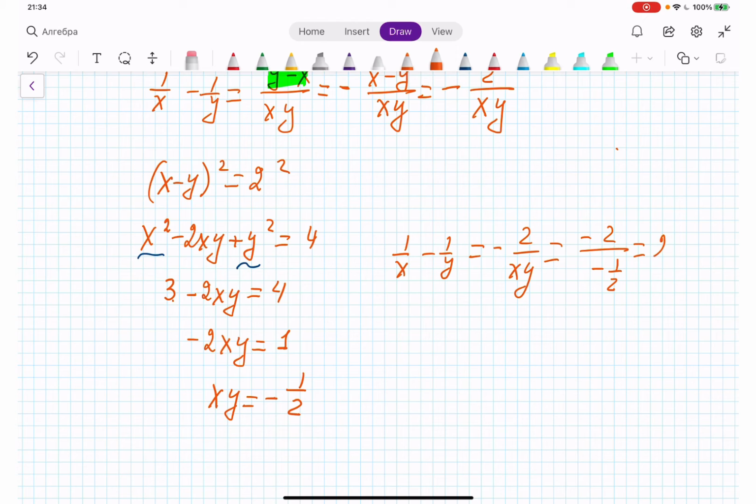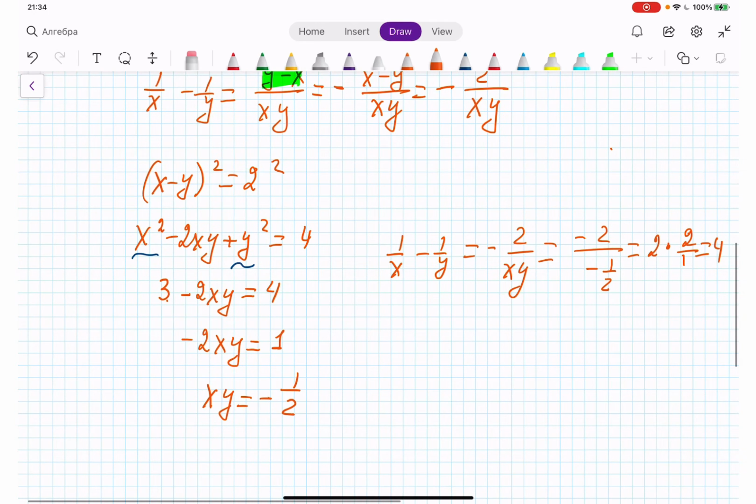So dividing 2 by 1/2 means 2 multiplied by the flipped fraction, 2 over 1. And the result is 4. So from here, the value of 1 over x minus 1 over y is equal to 4. And this is our answer.